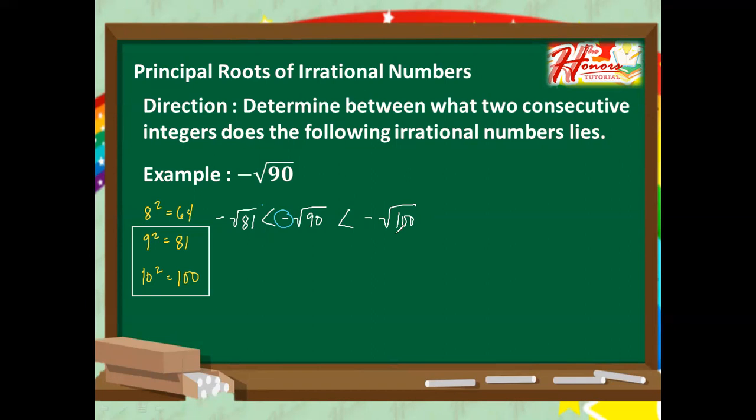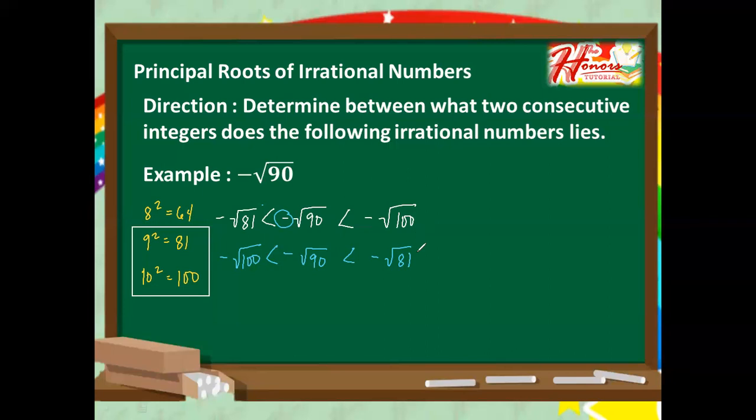So therefore, we have to interchange their places. So usually we write it like this, but this is a negative number. So it will become negative square root of 90 is greater than negative square root of 100 and is less than negative square root of 81.